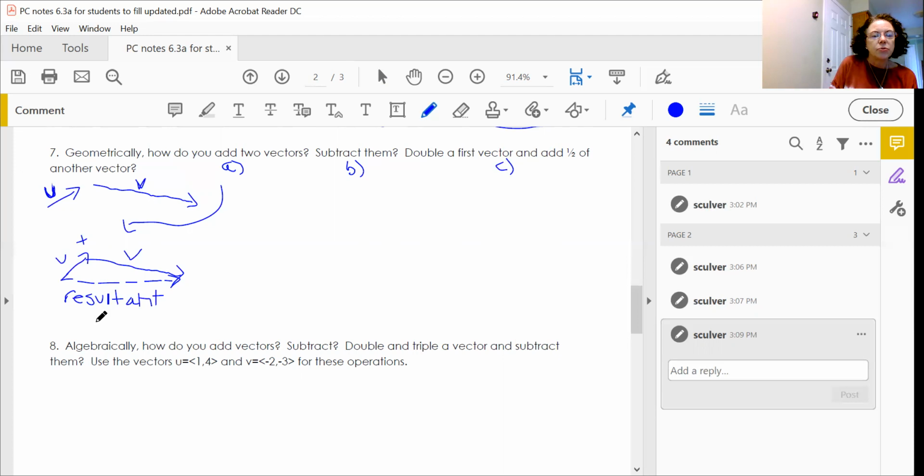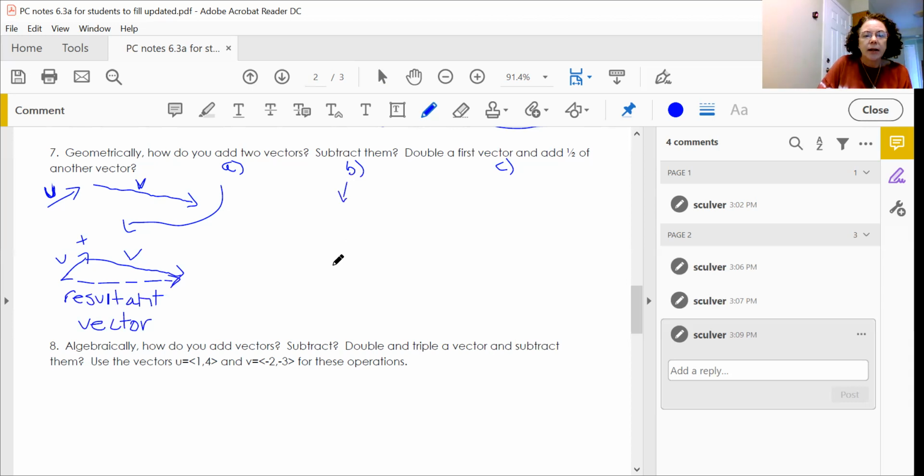This shows just like if you walked in the direction with this velocity of U, and then you switch direction and walked with a higher velocity V, the resultant vector shows where you would begin and where you would end. Now how do we subtract the vectors?